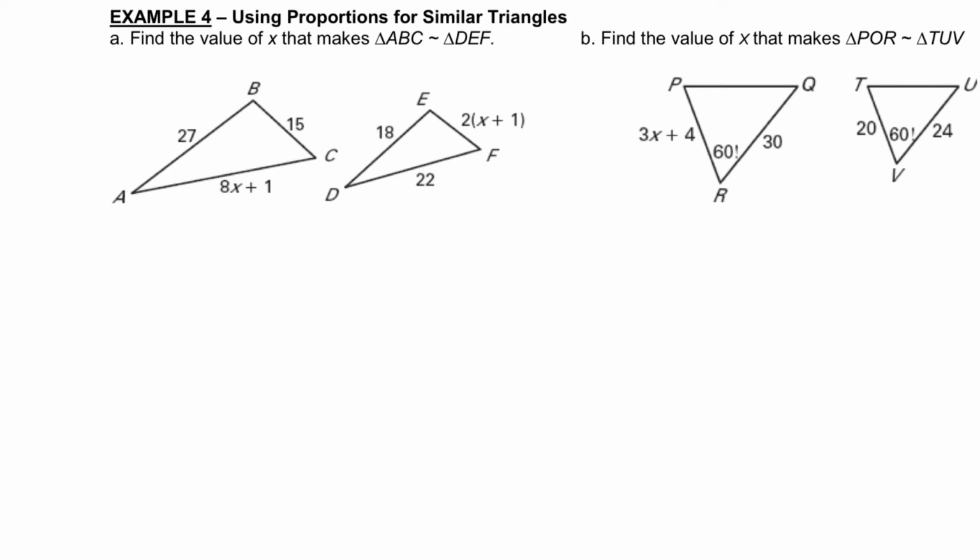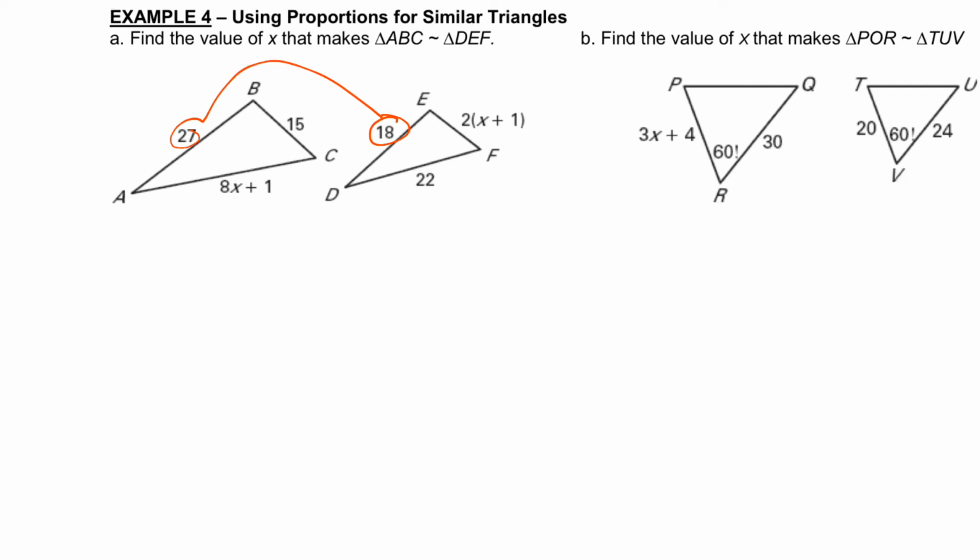All right, let's look at our last two examples in example 4. So we want to find the value of x that makes the two triangles similar. Okay, so what we want to do is match up one pair of corresponding side lengths. So we can see that this side length of 18 corresponds to this side length of 27. So let's make a fraction out of that.